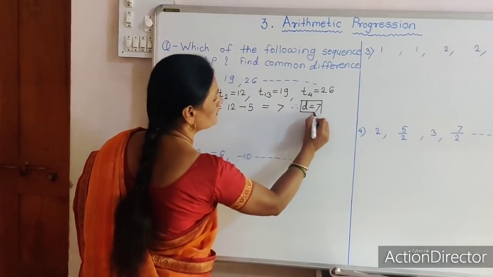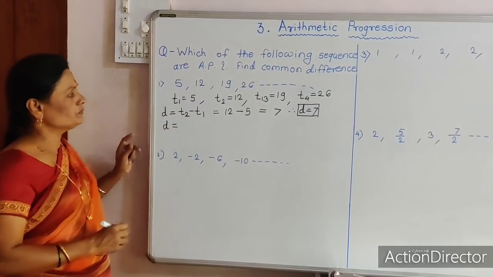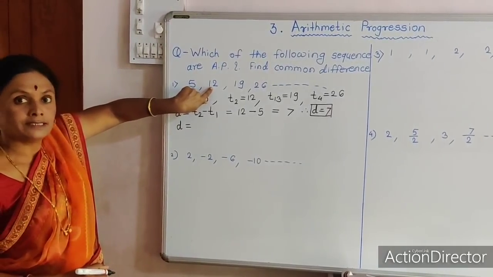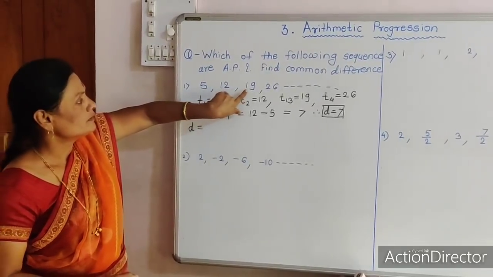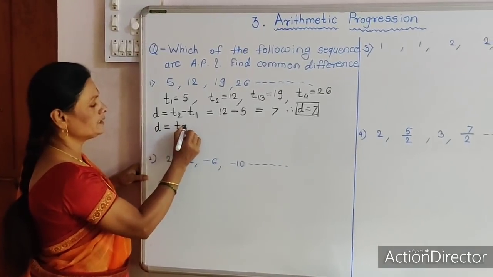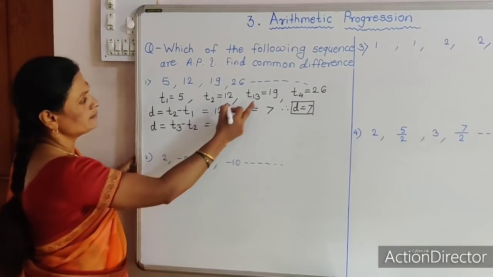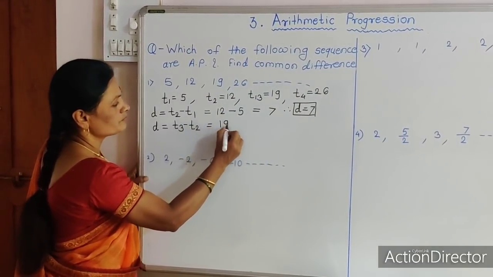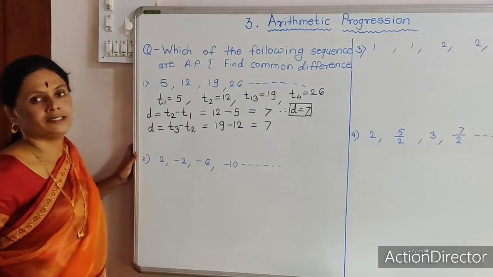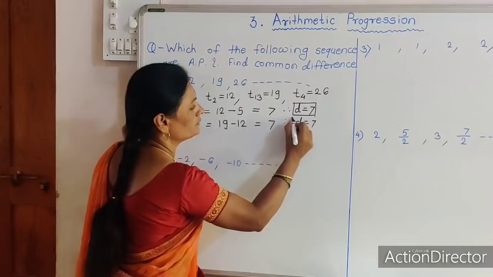Next, we find the difference between the next two terms, that is D is equal to T3 minus T2. T3 is 19 minus 12. It is also 7. Therefore, D is equal to 7.